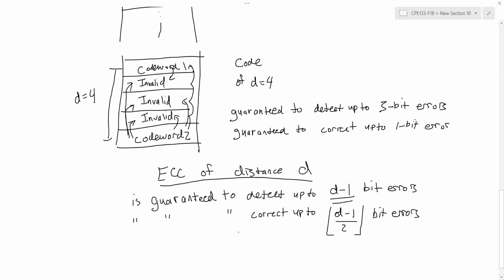So for example, for a distance 4 code, as you saw above here, d-1 or 3 was the maximum number of bit errors that I could detect, and (d-1)/2, or 4 minus 1, 3 divided by 2, is 1.5, round down gives me 1 bit error that I can correct.